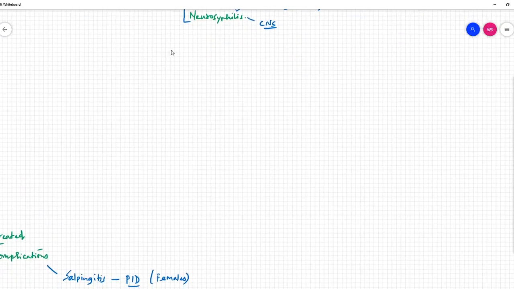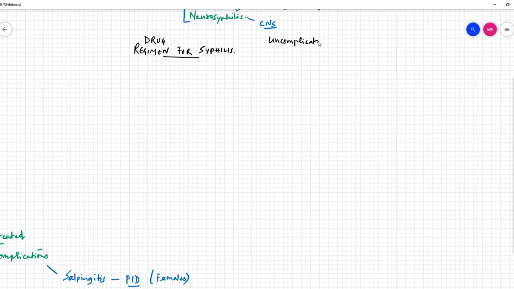So again, this is a regimen. The drug regimen for syphilis. And here we are talking about uncomplicated syphilis. Okay, meaning it is not a tertiary syphilis.